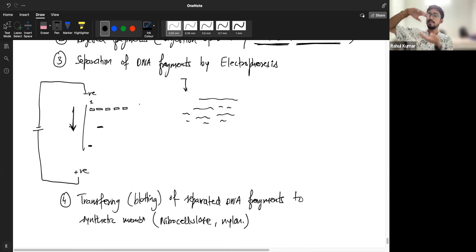In my lab, one of my seniors used to do Western blotting, and when he did the transfer, he literally used to keep big books as weights on top, so that it stays for a few hours under constant pressure, so that the transfer can happen very effectively. That's how you transfer.